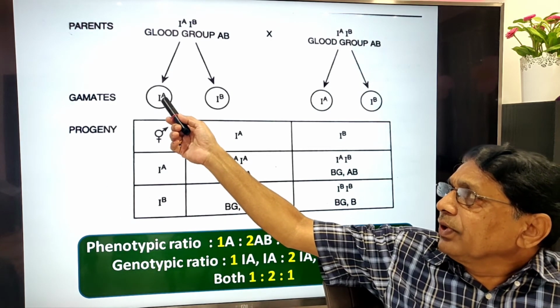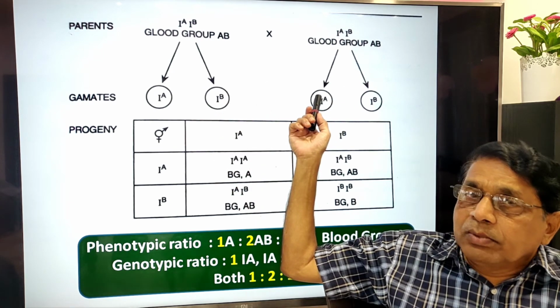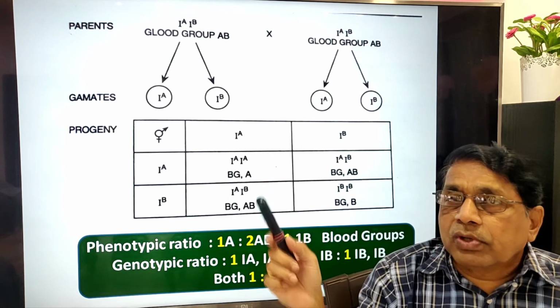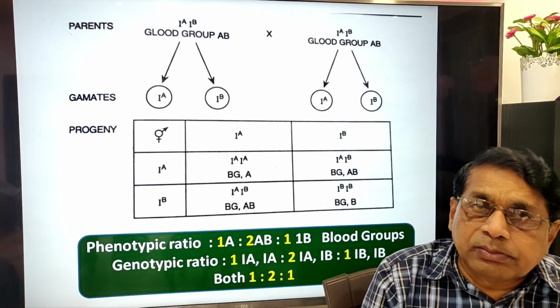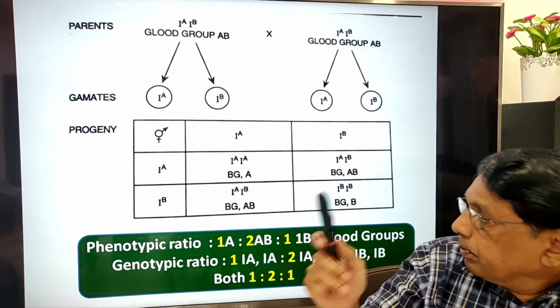Then gametes of father A and B, gametes of mother A and B, then Punnett square, independent mixing. Then what will be the phenotype?